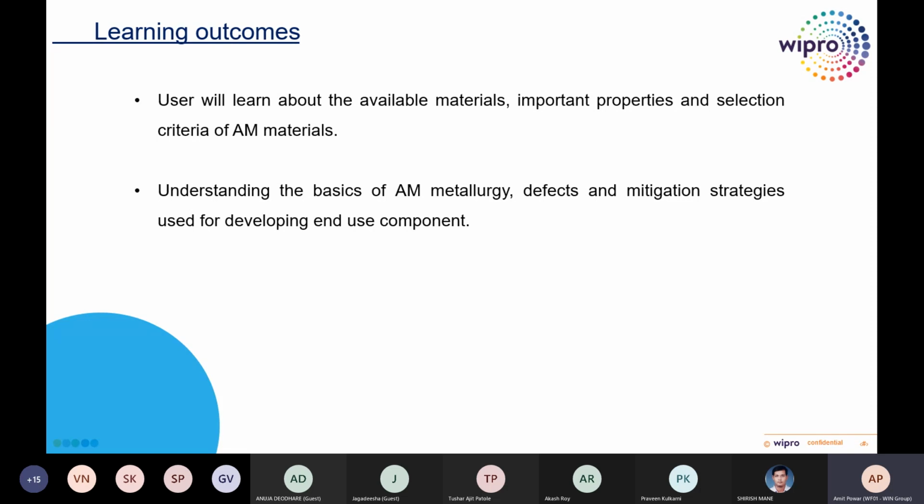I will touch upon this topic because it's a very vast topic. We'll also look more into the defects and what mitigation strategies we can use to avoid or reduce these defects.